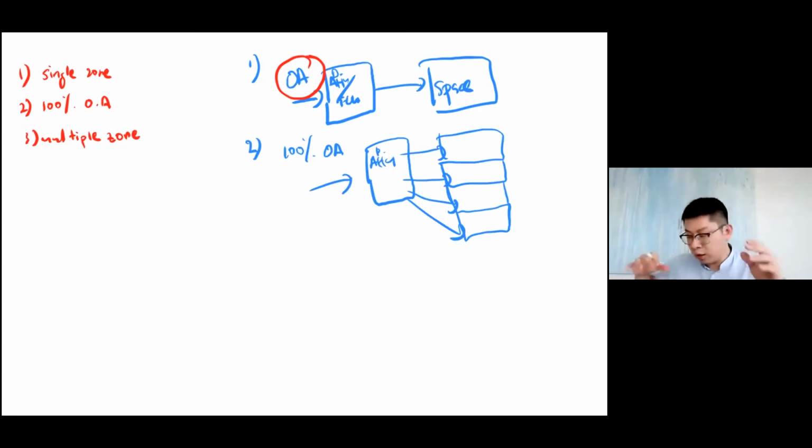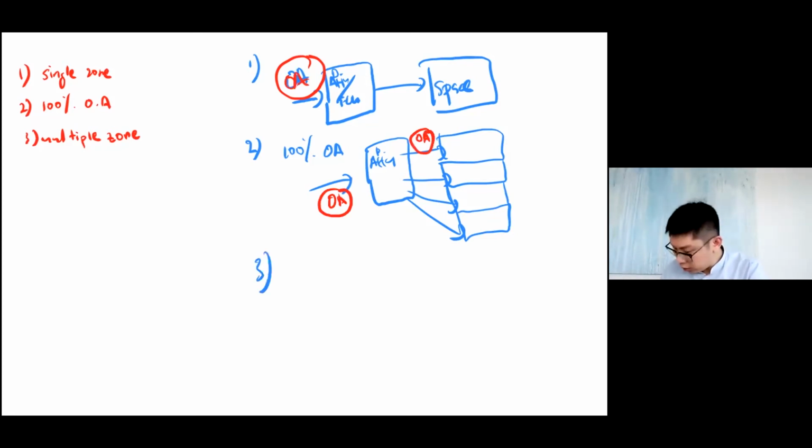Which means for case 1 and case 2, all the OA is going into the space. By going into the space, it can be directly into the ASU, FCU, or going into the space. This number is important, and this number is important as well.